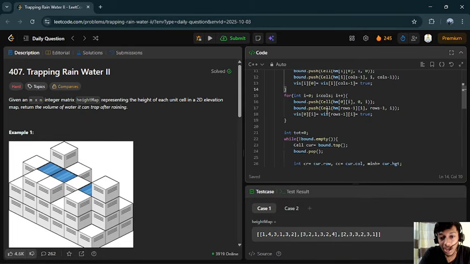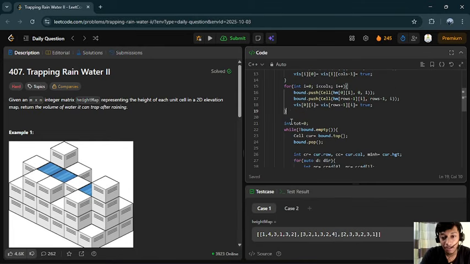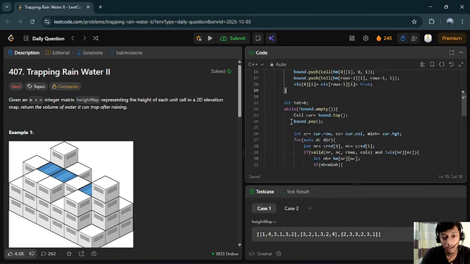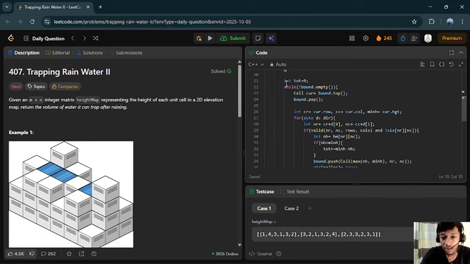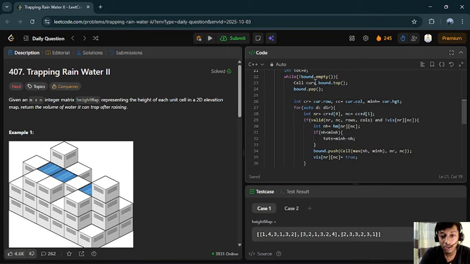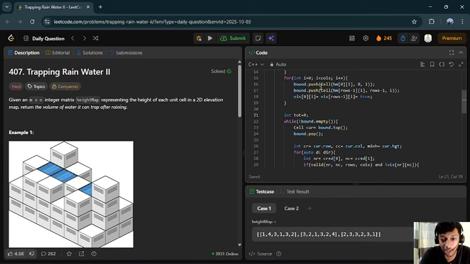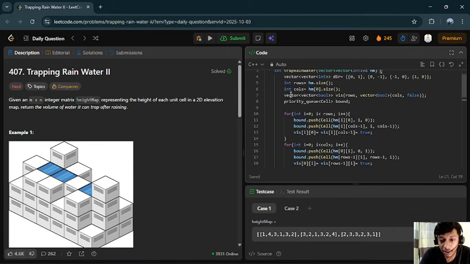And in this loop we are marking all the topmost and the bottommost cells as visited because they are not going to help us, because if we try to store water, it will spill off because of no boundary. Okay, so this is the total amount of water we are going to store, and this is the priority queue of boundaries.